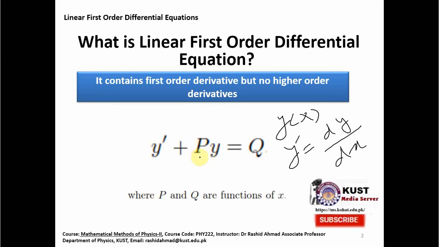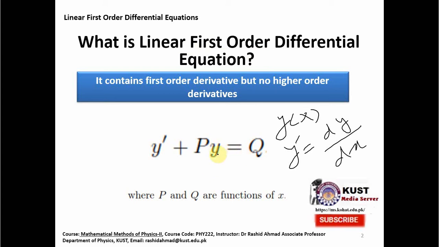So this term has no derivatives at all. And then it is equal to q, another function of x, which again has no y or first order derivative or higher order derivatives. So this equation is a truly linear first order differential equation.